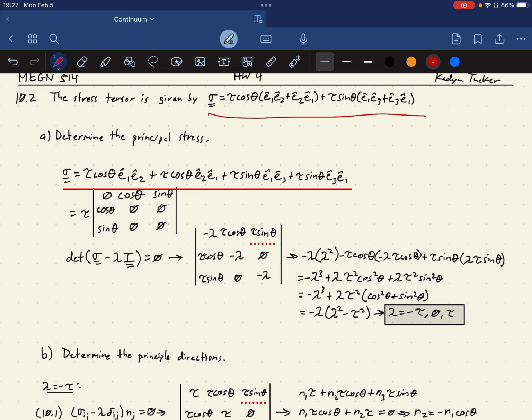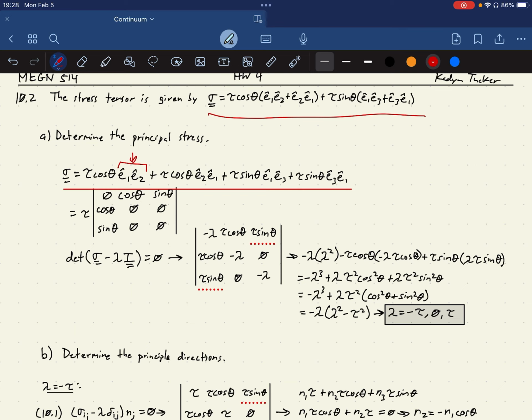So basically, I just looked at our unit vectors in each term in that equation, and then just recognized that in this case here, we have E1, E2. So E1 corresponds to row 1, and then E2 corresponds to column 2.